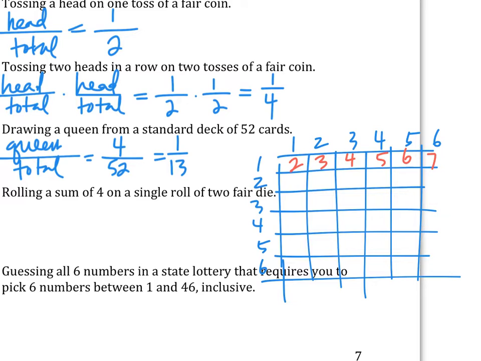You can do that for the whole chart, but you can see that there are only a few places you can get 4. This one, and this one. Basically there are 3 ways that you can get 4. And how many ways total can these dice have sums? That is 6 times 6, so that's 36. So that is 1 out of 12.